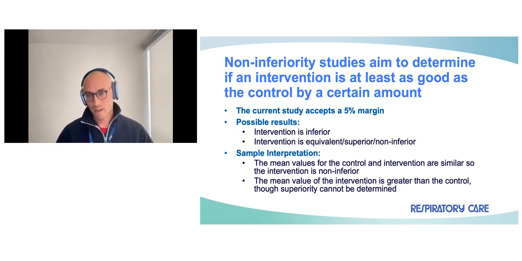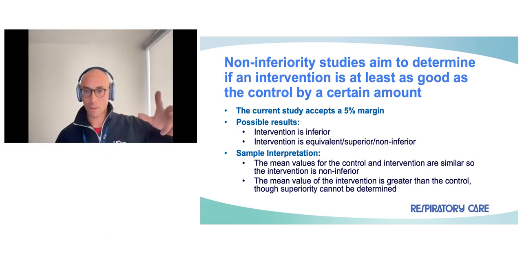Now, when we looked at this previous slide, what we would determine is whether or not one thing was greater than the other. With a non-inferiority study, the possible results are that the intervention is inferior, or non-inferior. So you really only have two different options for your results in a non-inferiority study.